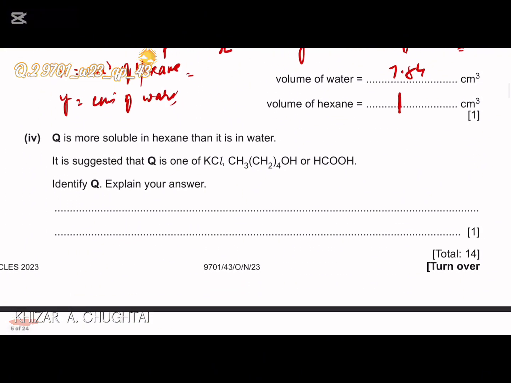The last portion: Q is more soluble in hexane than in water. It is suggested that Q is one of KCl, butanol or methanoic acid. Identify Q and explain your answer.